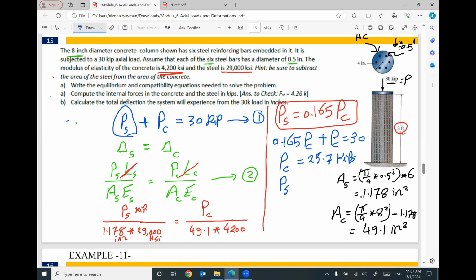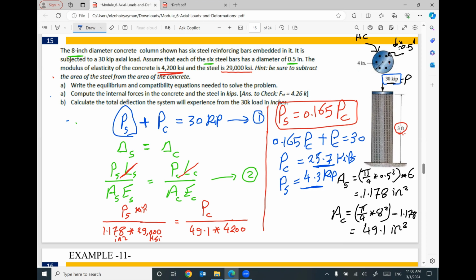Go back to find the value of PS. It will be 4.3 kip. So the total applied force on this composite column is 30 kip. Part of this 30 kip will be supported by concrete. How much? 25.7 kip.